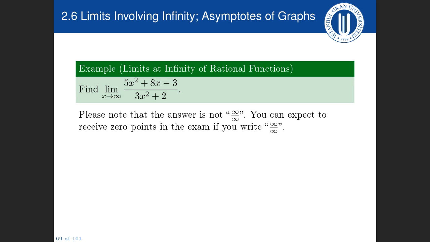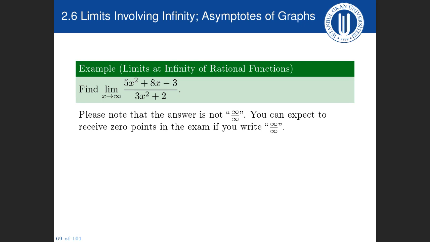Another example. Find the limit as x tends to infinity of this rational function: 5x squared plus 8x minus 3 divided by 3x squared plus 2. Now, the answer is not infinity divided by infinity, because infinity divided by infinity is not a number.